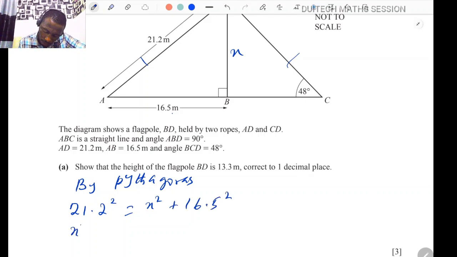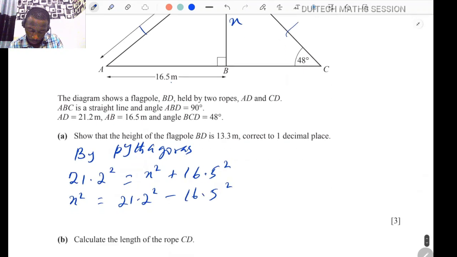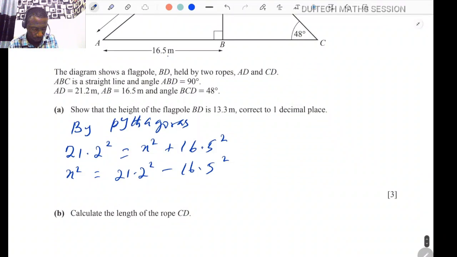So my x squared becomes 21.2 squared minus 16.5 squared.